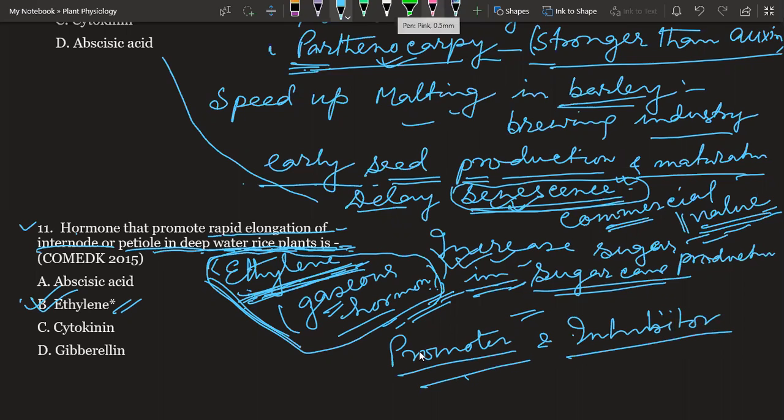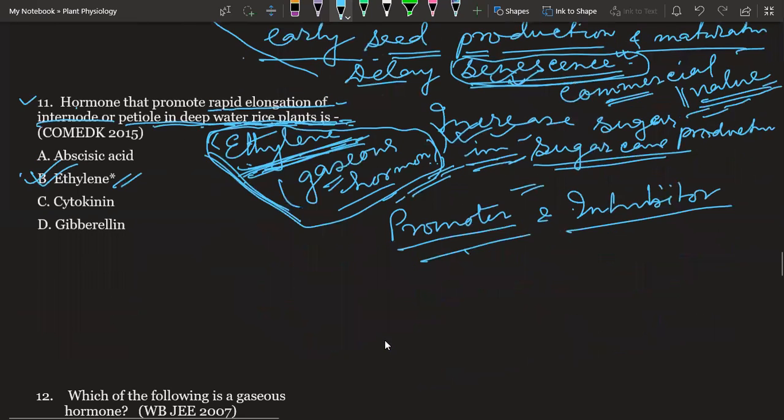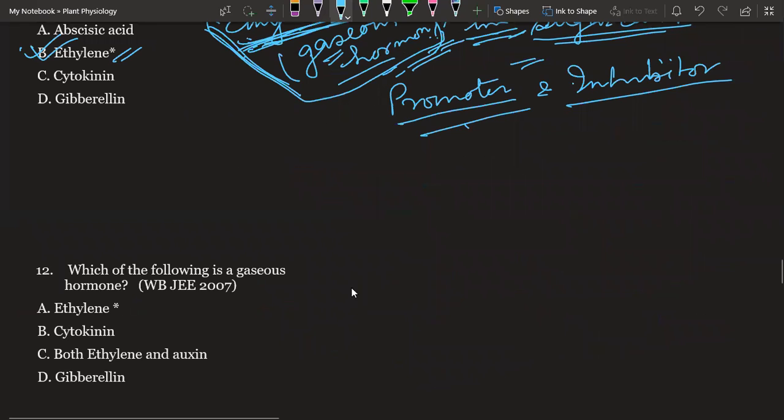This hormone ethylene has one more point. Here is a similar question that I have already told about: which of the following is a gaseous hormone? This is West Bengal JE 2007. Ethylene is a gaseous hormone.